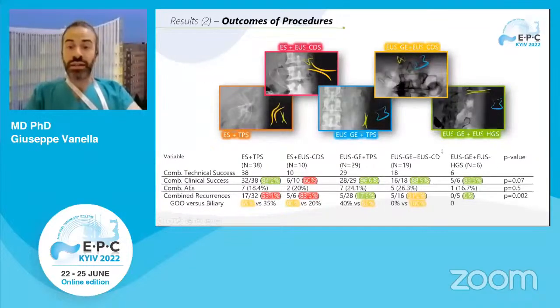As you can see, we have found that the combination of enteral stenting plus EUS-guided cholecystostomy had a higher risk of primary failure when compared to other combinations.